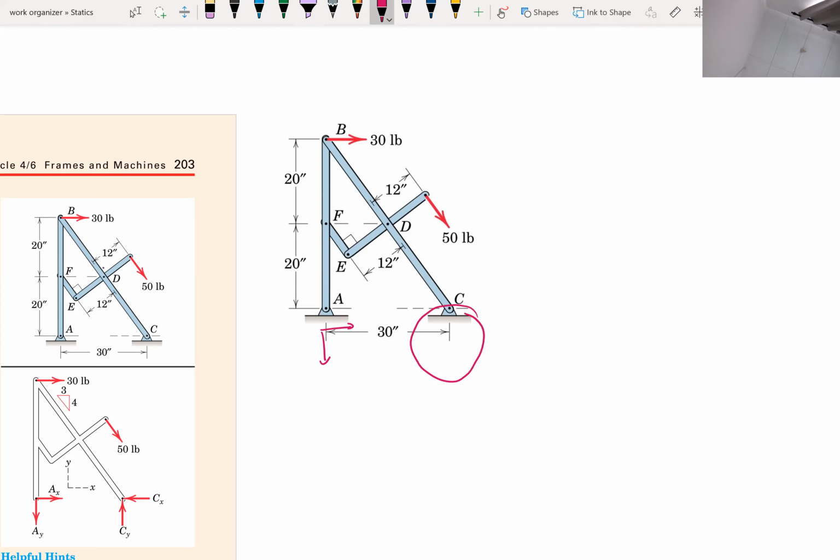This one will be to the left, and this one will be upward. So remember, opposite direction.